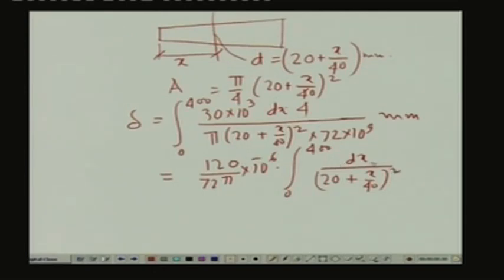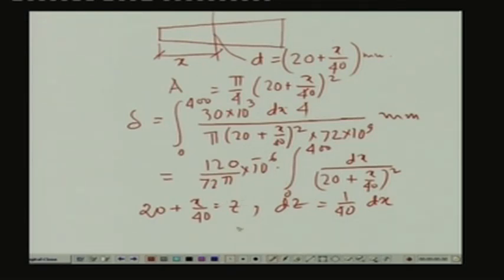Now, if we substitute 20 plus x by 40 as say Z, we get dz as 1 by 40 dx, and when x is 0, z is 20, and when x is 400, z is 30. So, it varies from 20 to 30.